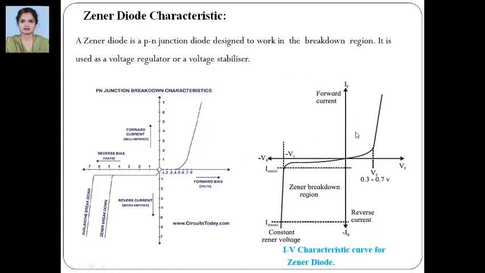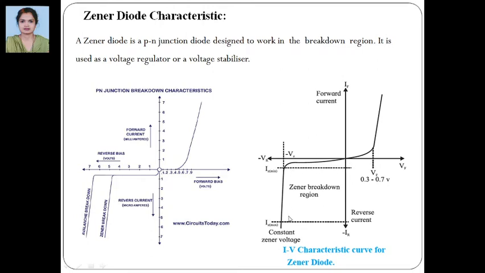If you see this graph, the x-axis represents forward voltage, going forward, and reverse voltage, which is negative. The y-axis represents forward current IF and reverse current minus IR. In forward bias, as we increase the voltage, current goes on increasing after the breakdown, that is the knee voltage.